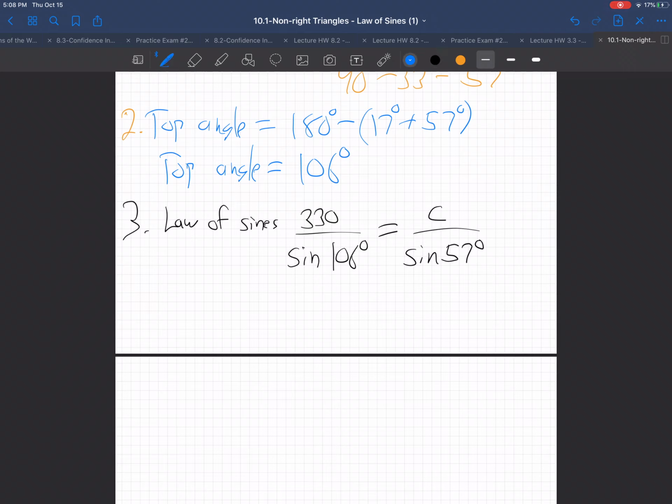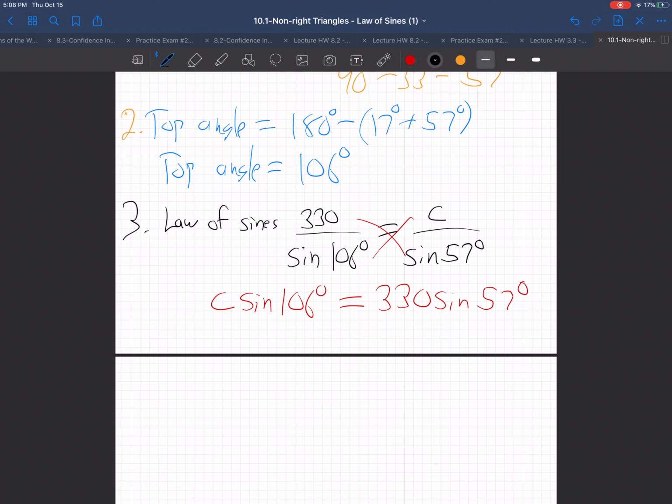And so then I can solve that triangle. Solve for C there. C times the sine of 106 degrees is 330 times the sine of 57 degrees, right?